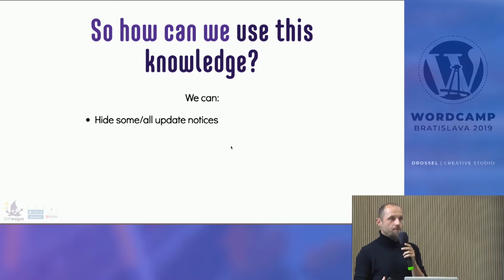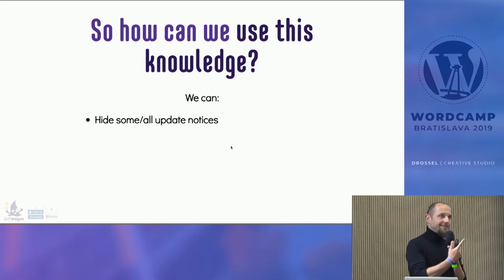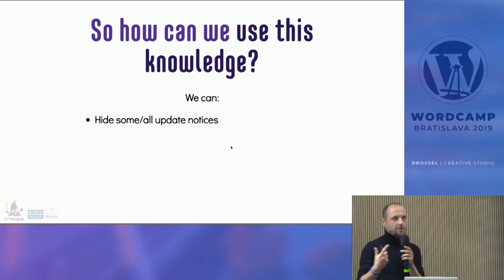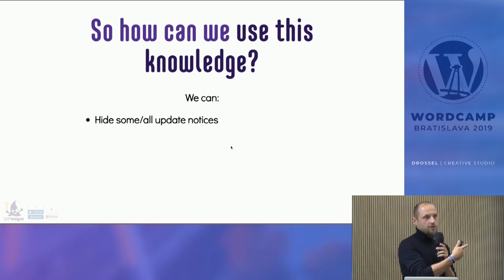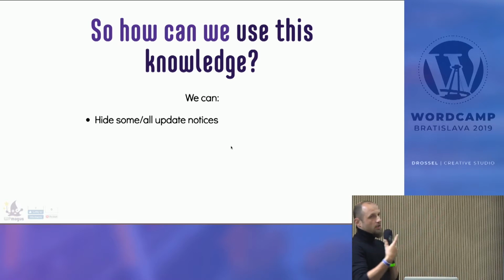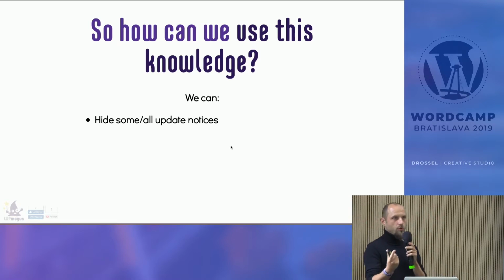Okay, how? Well, as I've shown, you can modify the response from the plugin repository. So if you write some code, use the hook, for example, pre_set_site_transient, set_transient, then you can modify the response. So you can empty the response, so no updates will be shown.